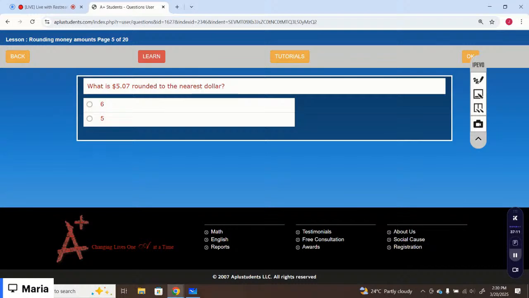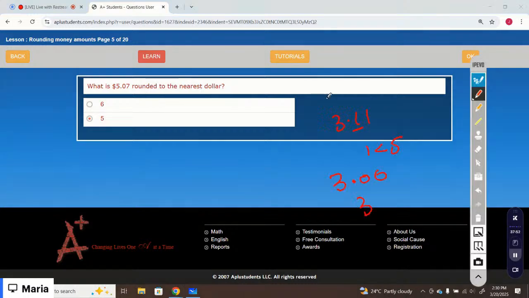So which is the correct option? 5.07 is rounded to 5, not 7. Not 7. How? 5.07.